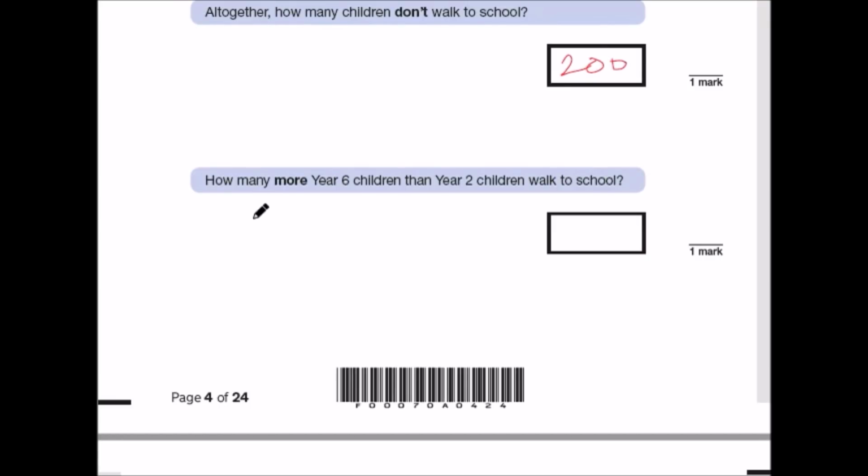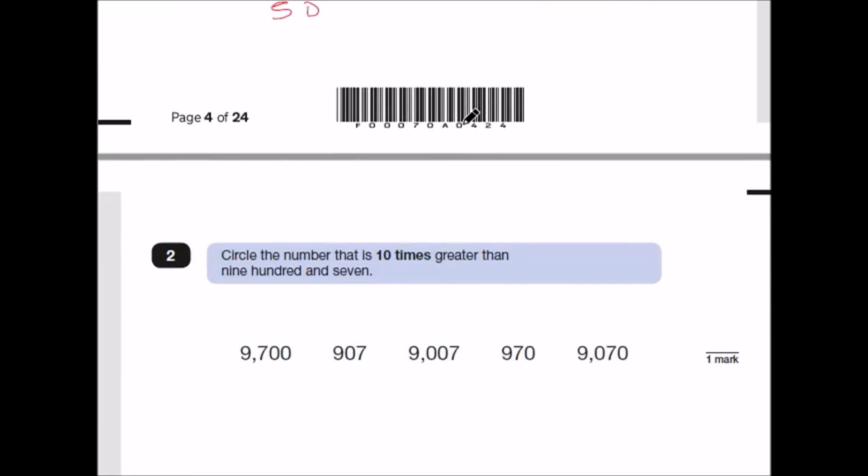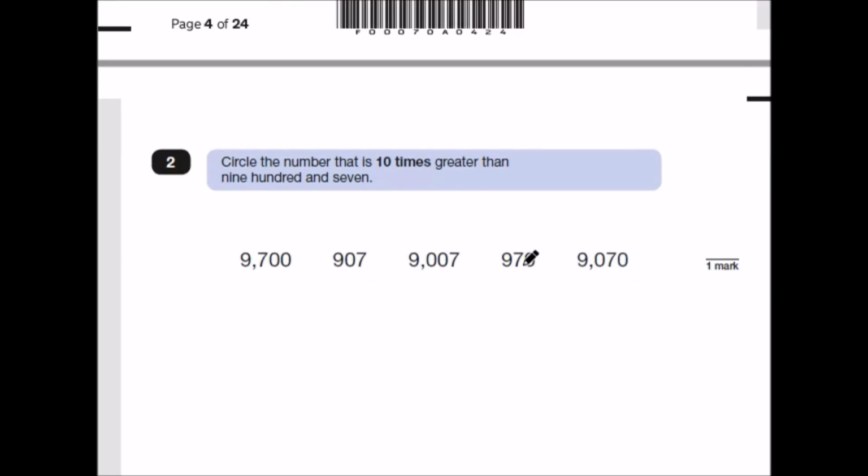So still we can write our working out here. But 120 subtract 70. Well, 0 take away 0 is nothing. And you can group this. 12 take away 7 is 5. So 50. So 50 more year 6 children walk to school than year 2. Cool. Alright, so let's have a look at the next ones here.